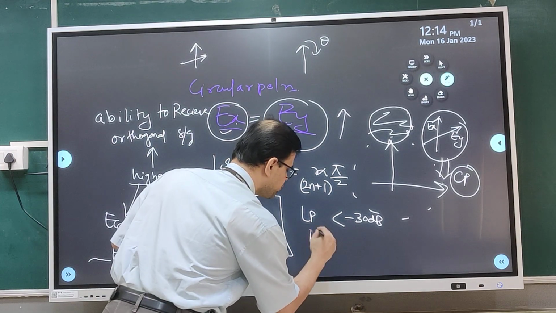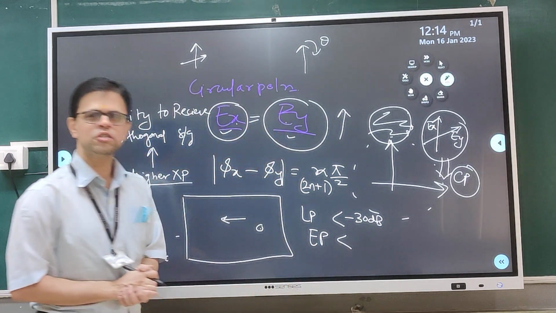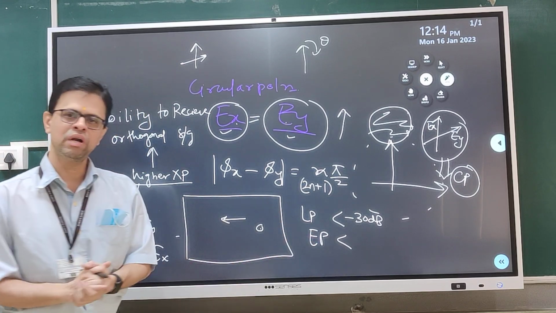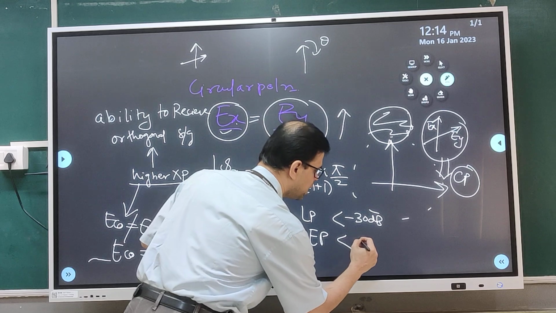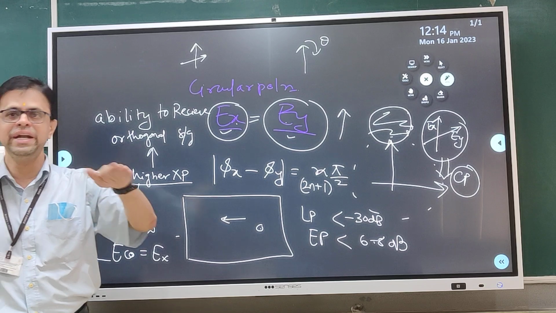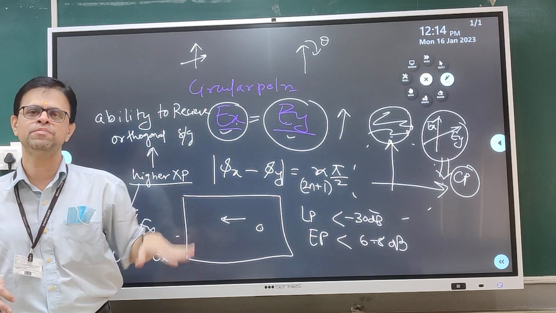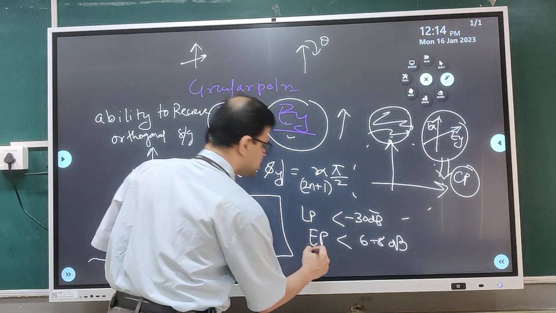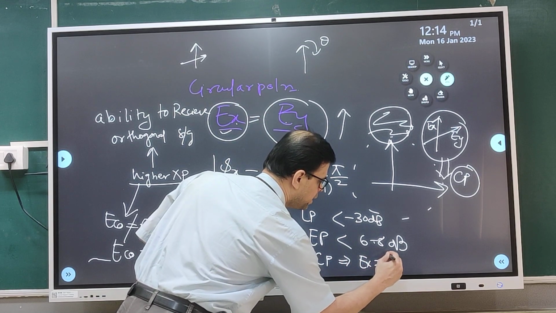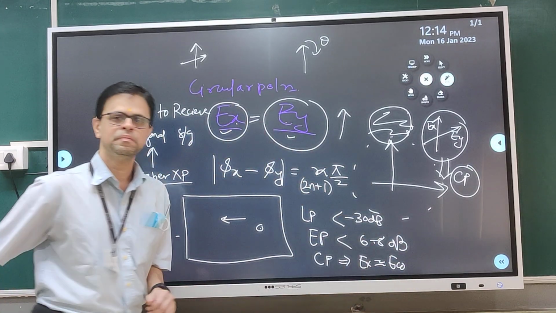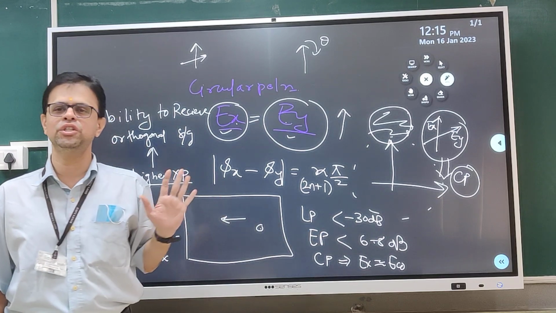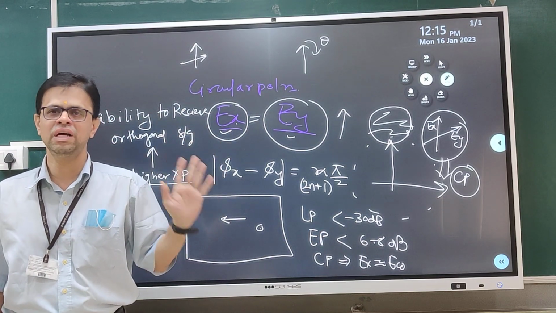Whereas in elliptical polarized designs, the cross polar level may be 6 to 8 dB down with respect to the copolar level. Whereas in CP, the cross polar level is nearly the same as the copolar level. That is the difference of the cross polarization component in three different polarization cases.